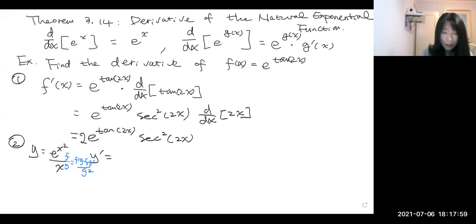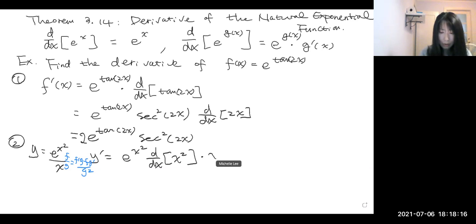Okay, so let us do that. We need to write down the exponential function as it is, right? So e to the x squared. Now we're gonna use a chain rule. So that, right? Then g, which is x, right?